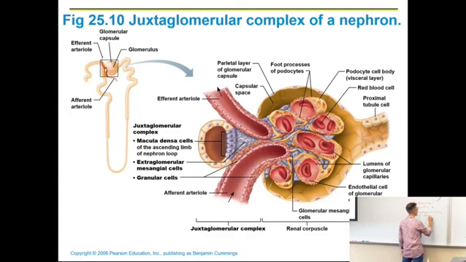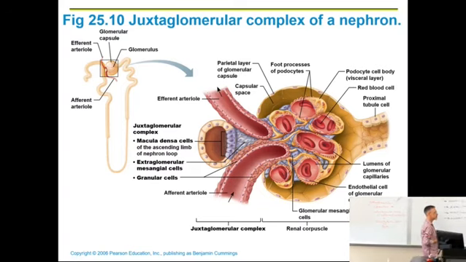So that's our inflow, remember? That's an R and an I. Plus the macula densa cells of the distal convoluted tubule.